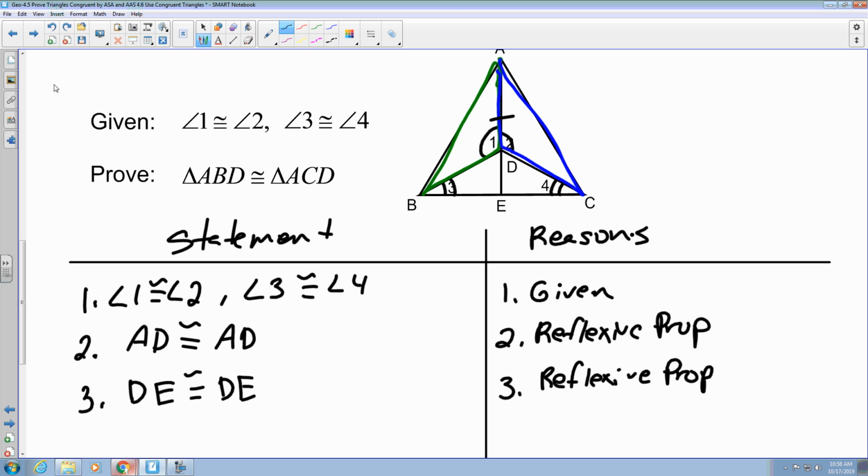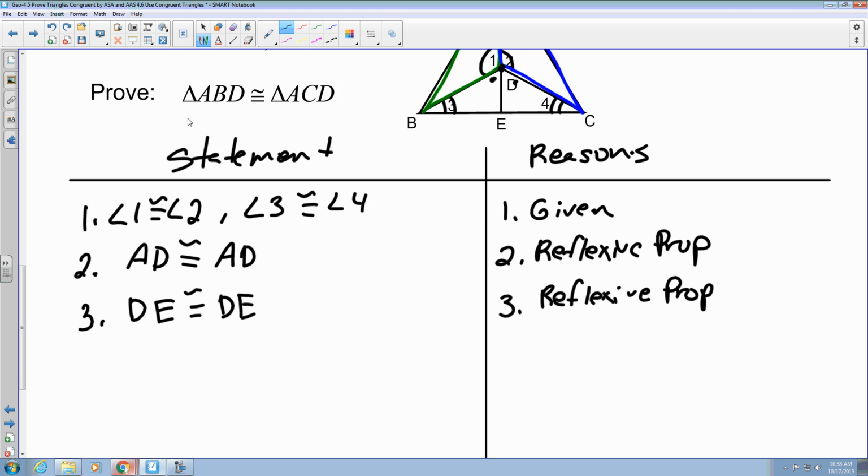Other thing that I notice is that the intersection here with point D, angle 1, and whatever this angle is right here, and this angle is right here, they make up a linear pair. When they're a linear pair, we know that those angles sum to 180 degrees.